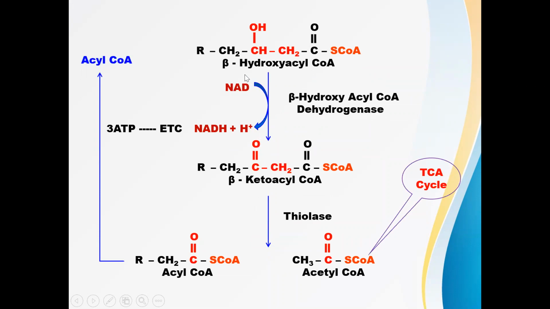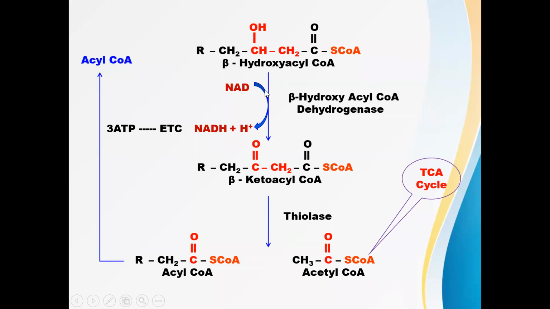It requires the coenzyme NAD, and there is formation of one NADH plus H plus molecule. When this NADH plus H plus enters the electron transport chain, you have the formation of 3 ATP molecules.